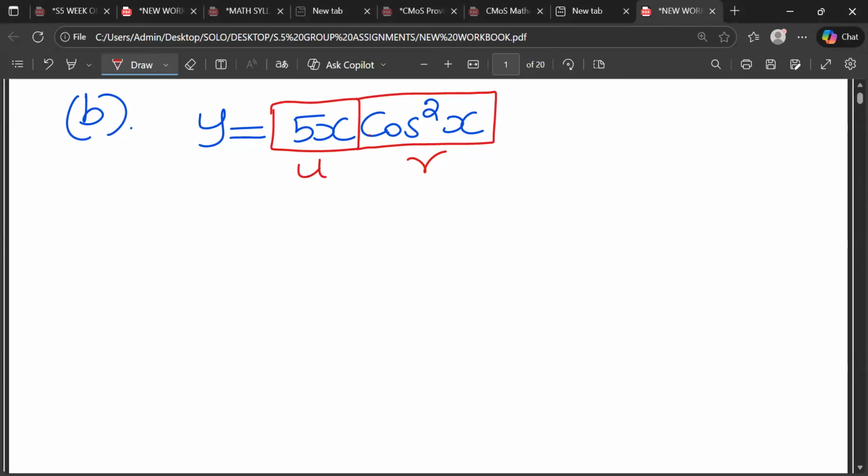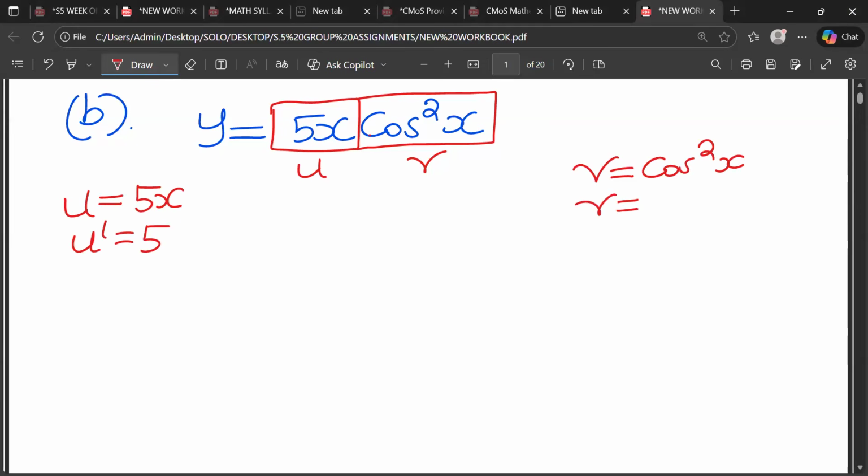Okay, so we say the u is 5x, then the u prime is 5, you get? Then the v is cos squared x, like that. Now you all know we are supposed to rewrite this as brackets cos x with the power 2, like that.